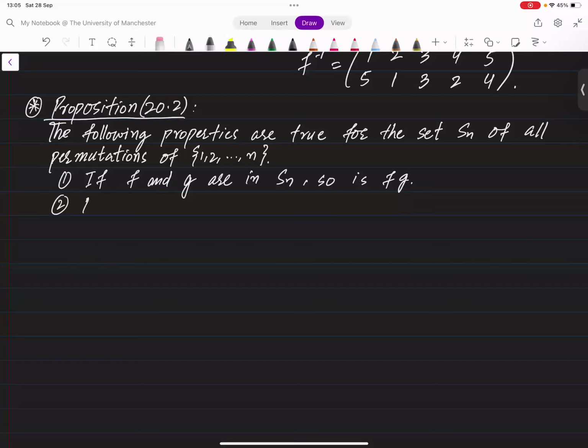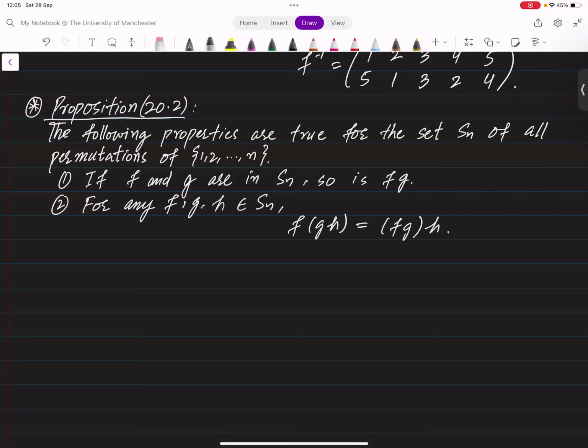Second property is for any f, g, h in Sn, the composition (f g) h is nothing but f (g h), which means it's associative.